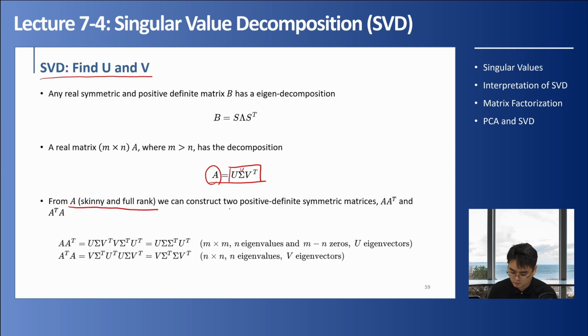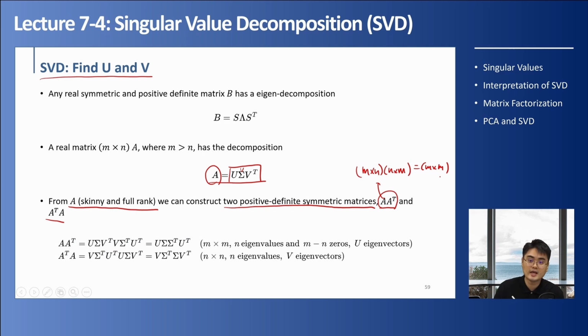Then we can construct two positive definite symmetric matrices, A A transpose and A transpose A. If we do A A transpose, you can think that we're creating a matrix that has the size of m by m.